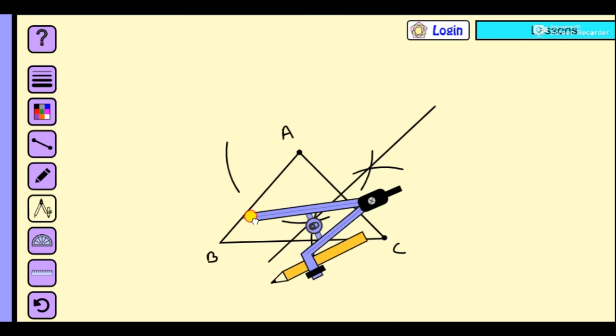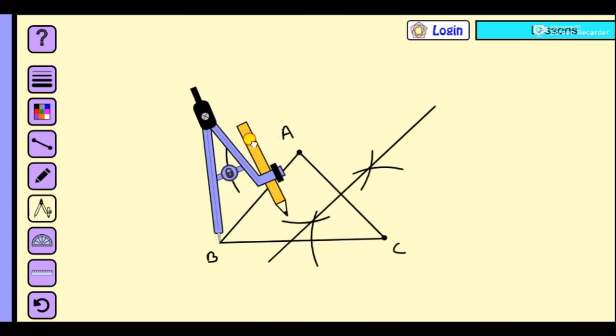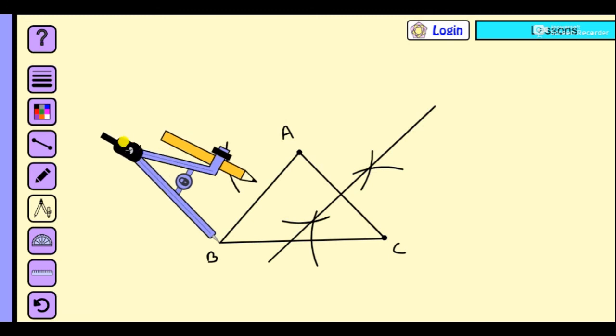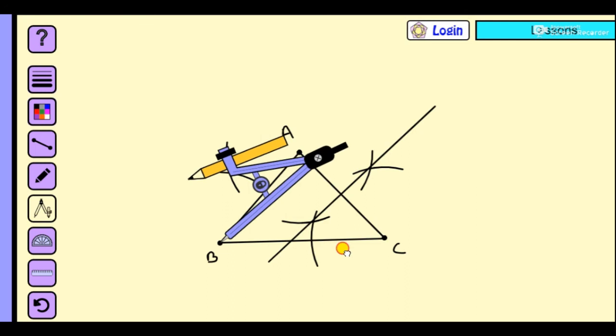Now put the roundel at B and make one arc like this, and now the second arc is here.